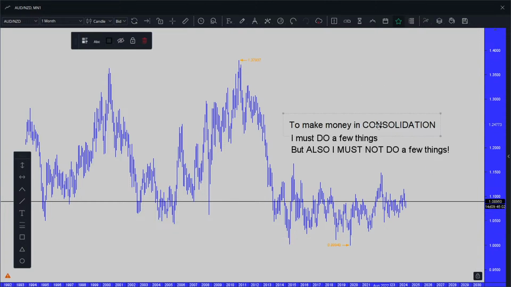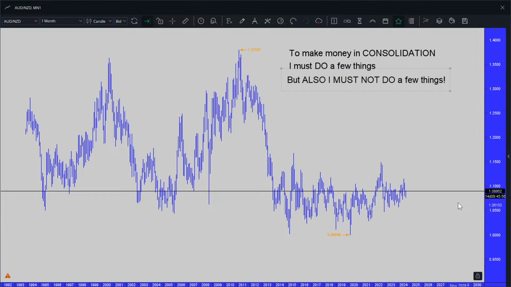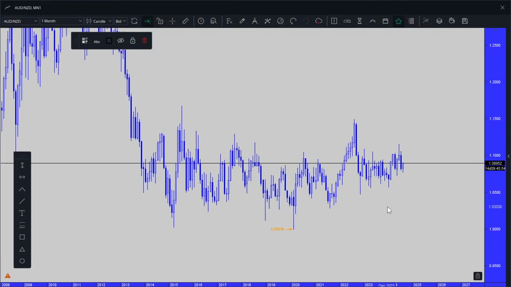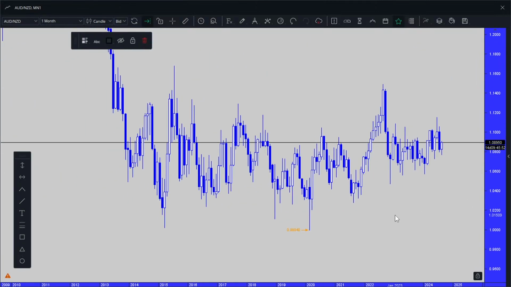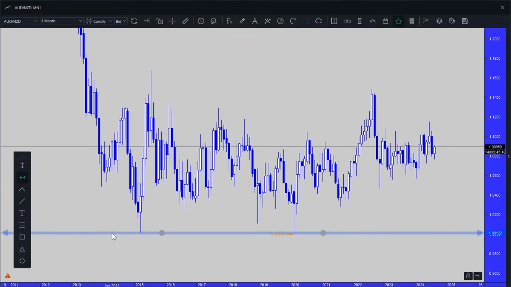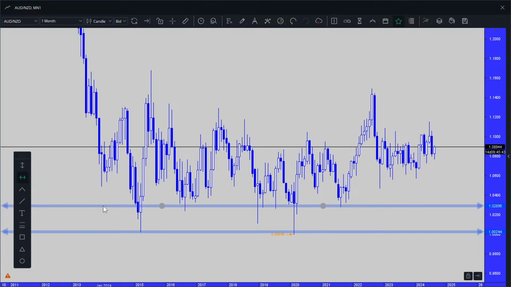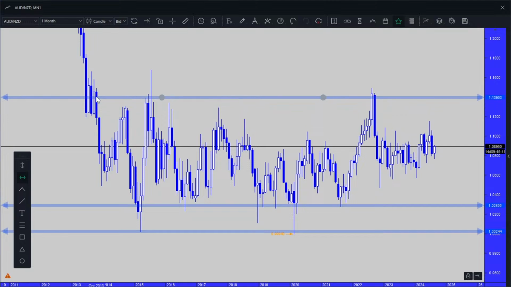Now that we are on AUD NZD, everybody. All right, so if we zoom in and zoom in, okay, now we are going to put a few lines on the chart. This is going to be one line. This is going to be another line.